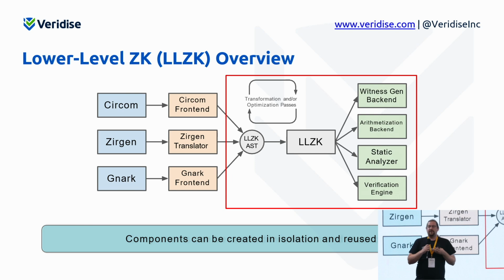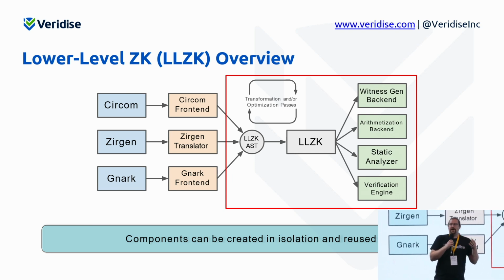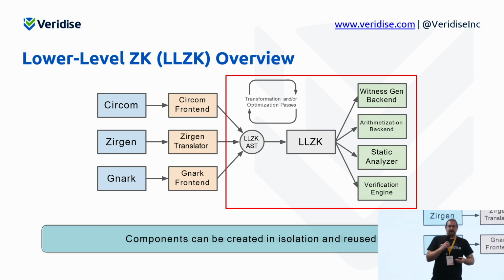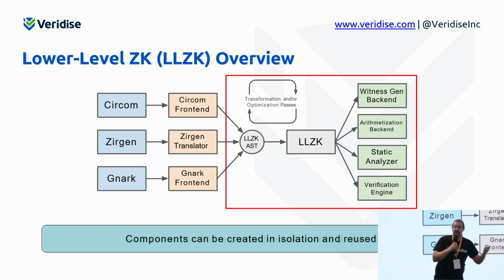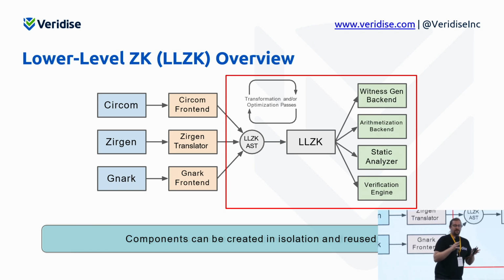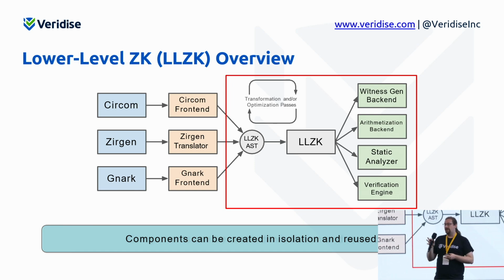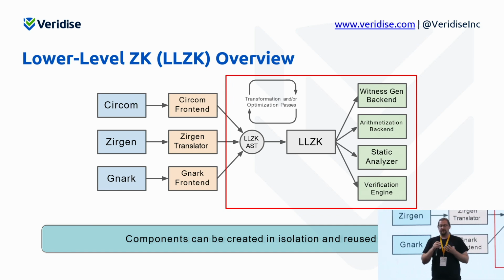And it can be inherited by other languages in the future, which is the important part, because certain things like optimizations, again, can be shared between languages. And then eventually it will go down to the arithmetization. And once it goes to the arithmetization, then you have basically the constraints in some form, which can again be processed by another utility on the back end. But it just allows more reuse and specialization in these ZK compilers.